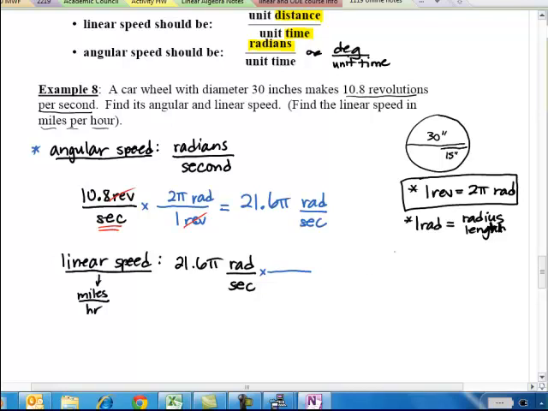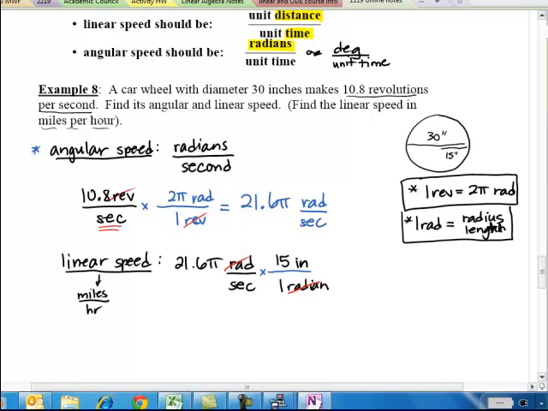So the radius for this is 15 inches per 1 radian. Let's write those as inches, IN, instead. So we can always get the radians to cancel by putting the radius length in the numerator and then the radians in the denominator.